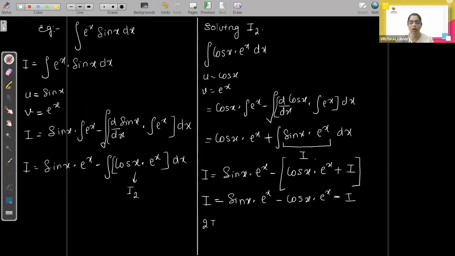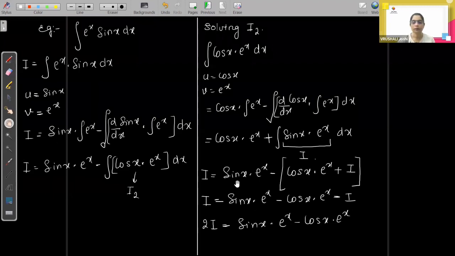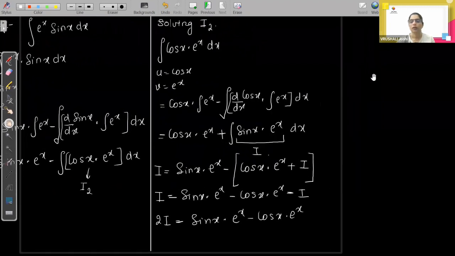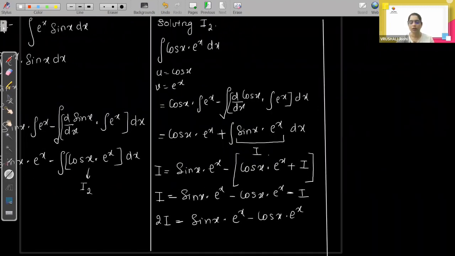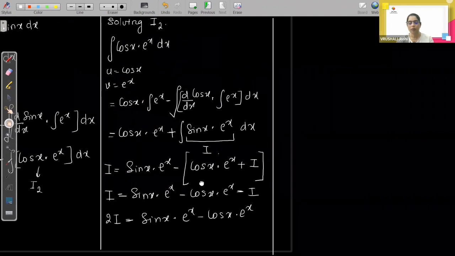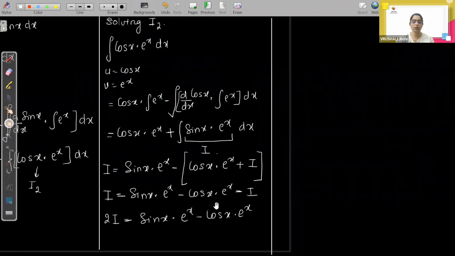We get 2I is equal to sin x into e to the power x minus cos x into e to the power x. Correct? Here we can very clearly see that e to the power x is common. Can you all see e to the power x is common? Inside the bracket you will have sin x minus cos x.